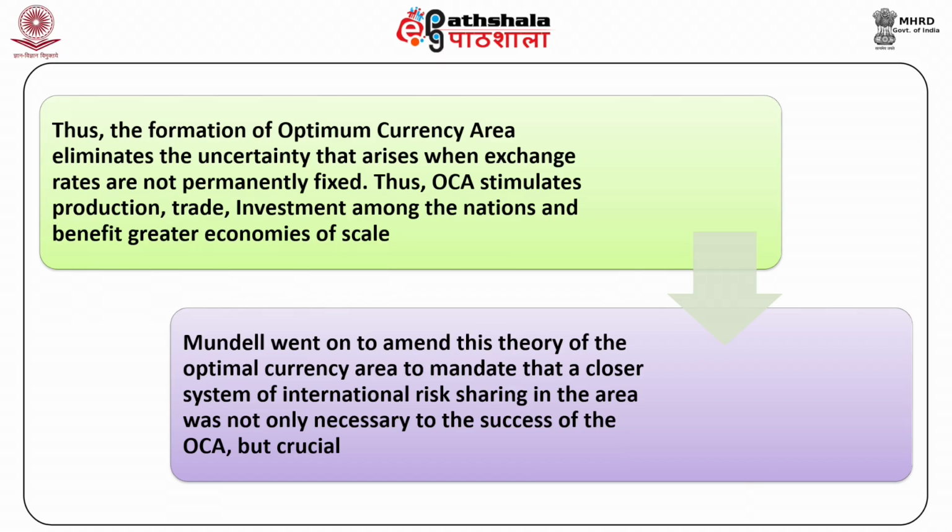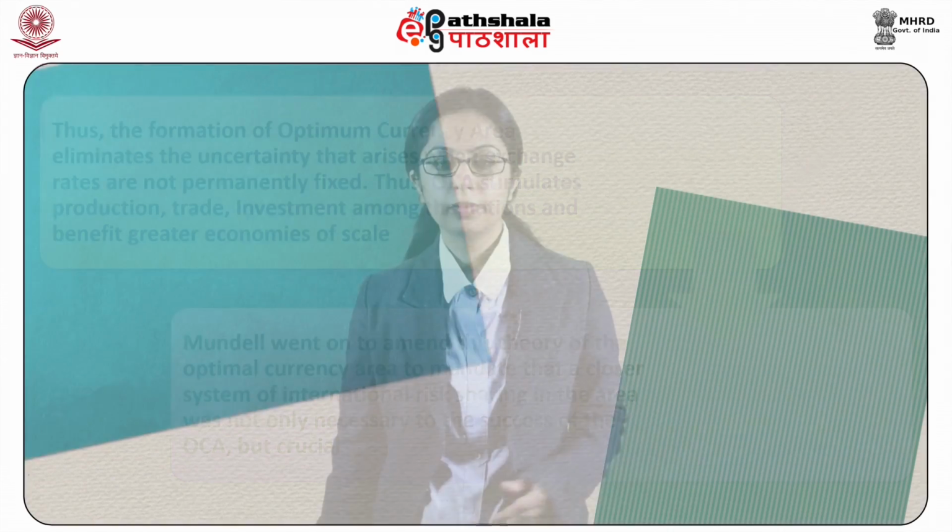Mundell went on to amend this theory of the optimal currency area to mandate that a closer system of international risk sharing in the area was not only necessary to the success of the OCA but crucial. In his 1973 Uncommon Arguments for Common Currencies, Mundell mandates that countries in surplus must mitigate market shocks by closer economic and institutional integration via reserve pooling or revenue sharing.